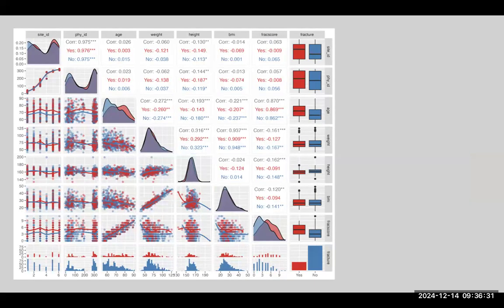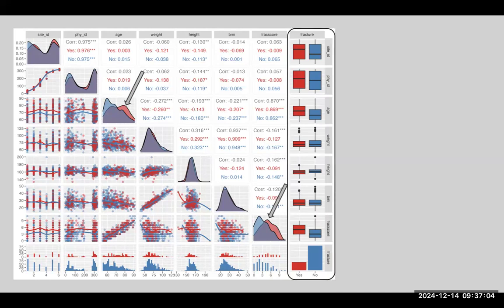So this is a scatter plot matrix, and what I want to draw your attention to are the density curves along the diagonal, and specifically 2 of them, age and FRAC score. What I want to point out here is that these 2 variables are essentially the only variables in this set where you can see some good separation between the classes of fracture, with women who had a fracture in red and those that did not in blue.